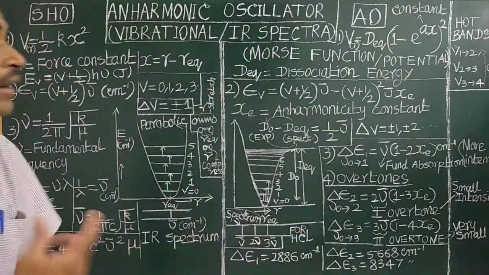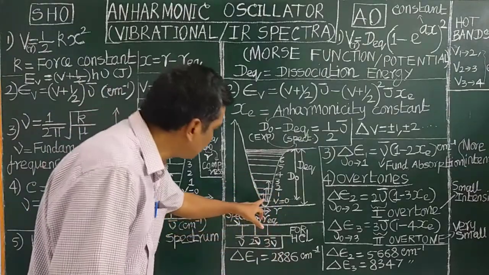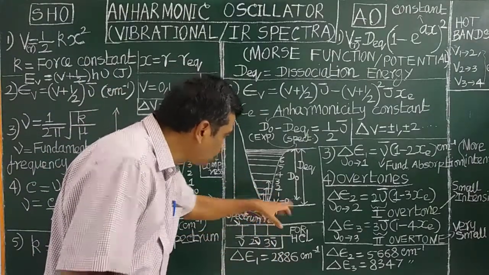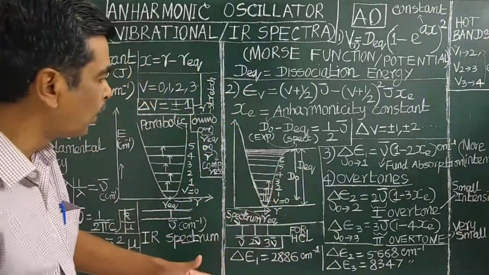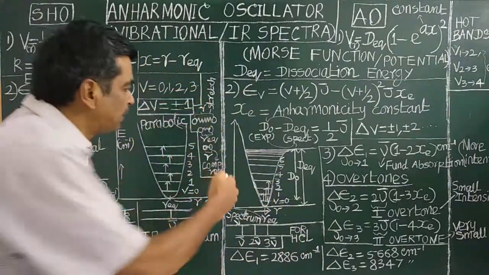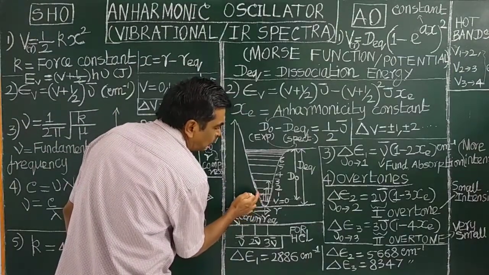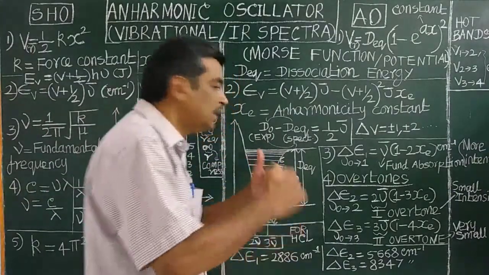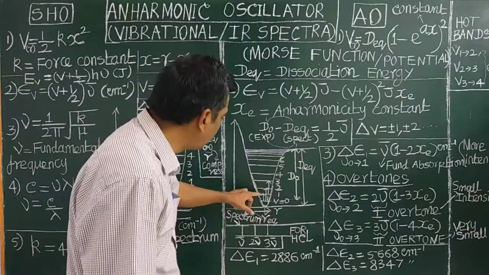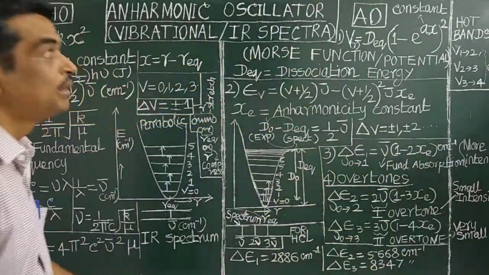How are they identified? At room temperature, the ground state is more populated, that is, the v equal to 0 vibrational energy level is more populated. When you increase the temperature, the molecules jump to v equal to 1. Therefore, at high temperature, v equal to 1 is more populated, and the 1 to 2 transition occurs with considerable intensity.